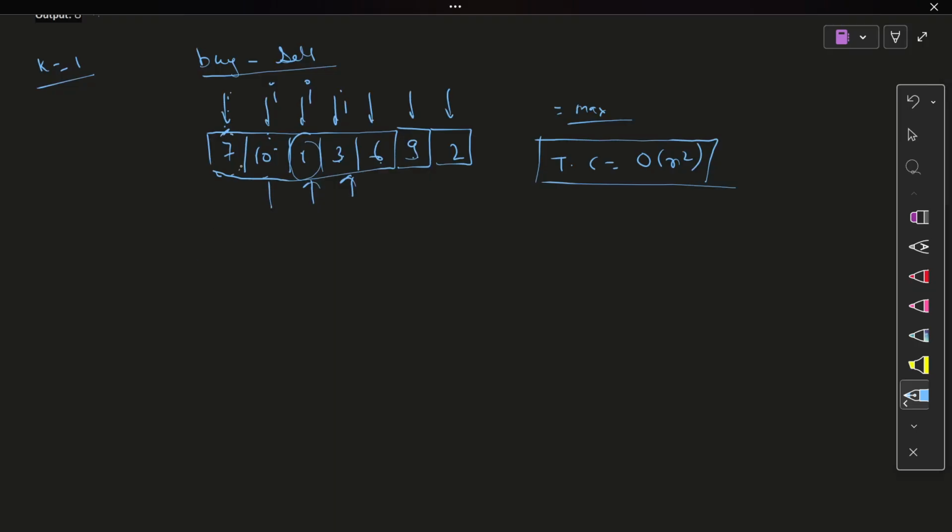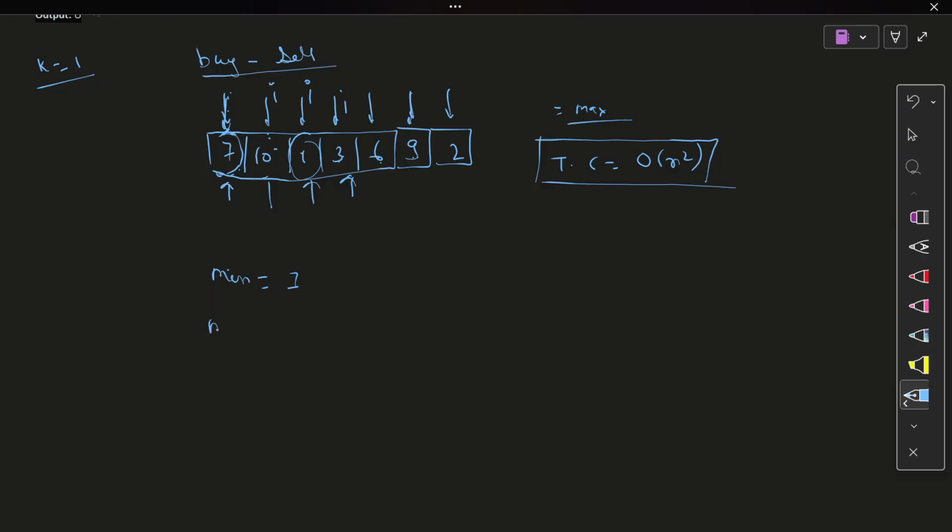If we keep the minimum here, then we find from the minimum, and this one is your selling price. Suppose here the minimum is this one, minimum 7.